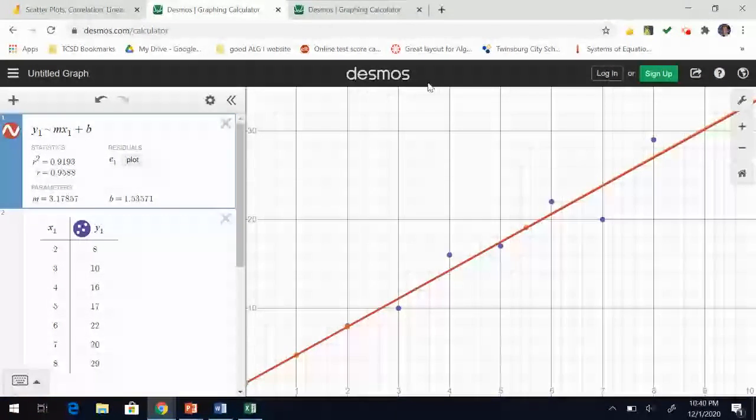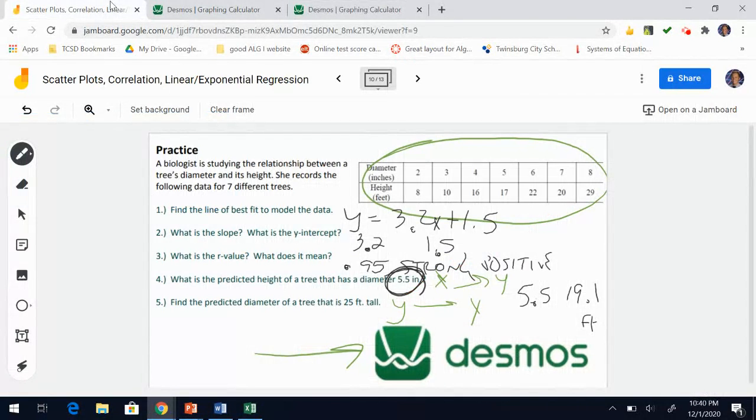It's close enough to 25. So this would be 7.39 for the diameter, right? Because they gave us a y, we found that using the graph. Cool? Does that make sense how we did that? If you need to, pause it, rewind it. It's very awesome, the power of Desmos. That's why we call it your best friend.